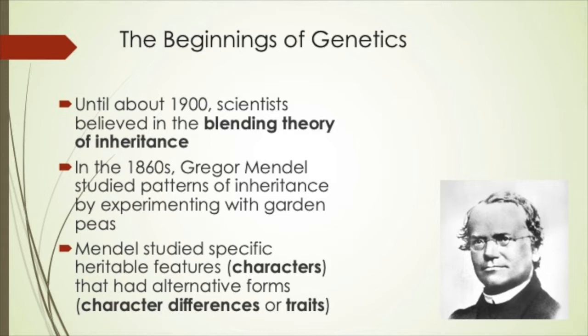In the 1860s, Gregor Mendel studied the patterns of inheritance by experimenting with garden peas, looking at their flowers, their fruits, and the way that they grew.